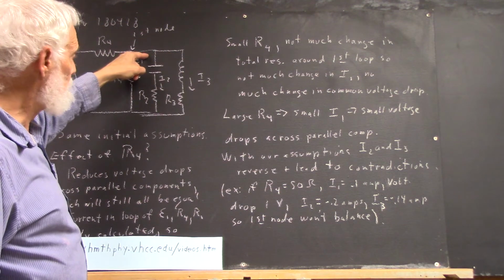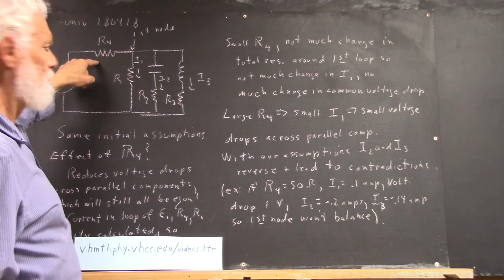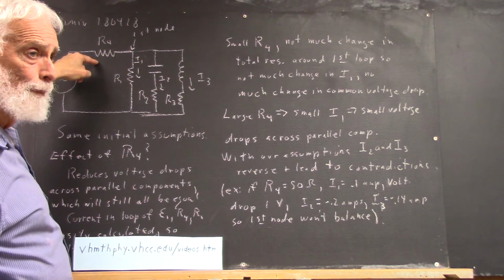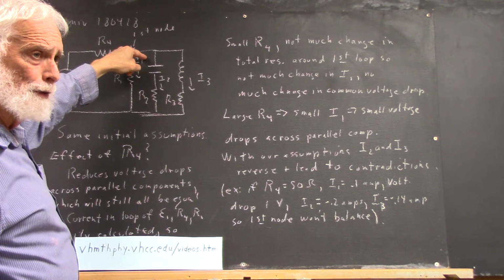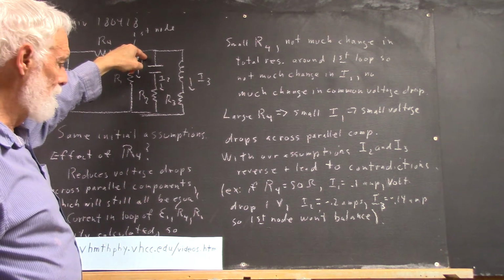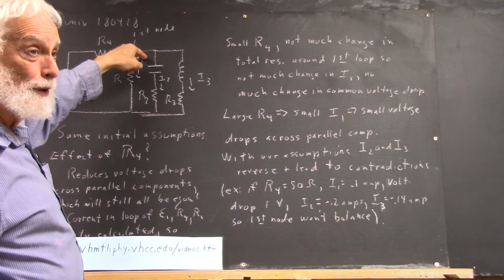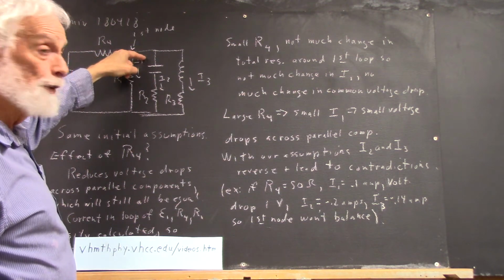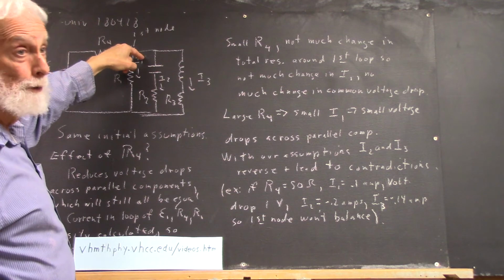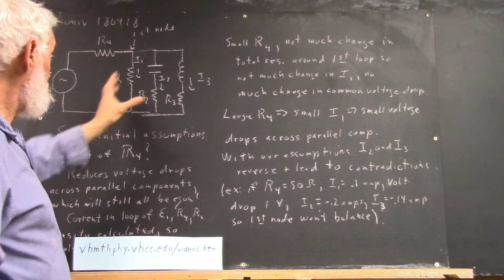So if I put the right resistor in here with a relatively large R4, can I put a resistor in here that will make this thing at least consistent? I'm not asking you to solve for it, but what happens if I put a little resistor in here? What happens if I put a bigger resistor in here? What happens to these currents?